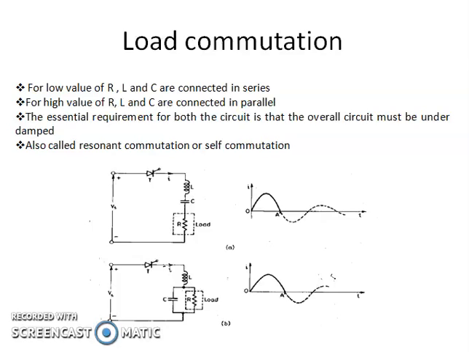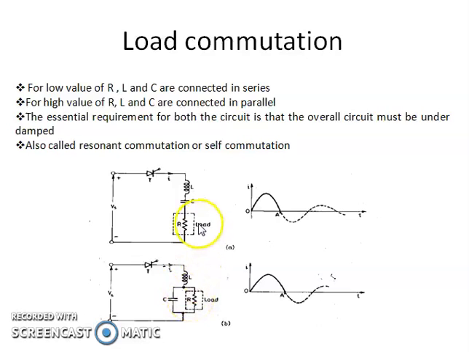This inductance and capacitance is the commutating component. Here in this example, R is our load. In the first circuit, the commutating components L and C are connected in series, and in the second circuit, the capacitor is connected in parallel with the load and the inductance is connected in series with the resistive load.